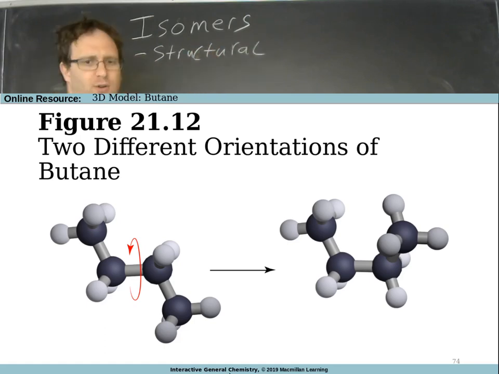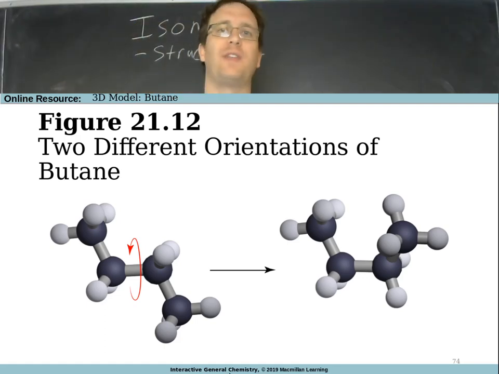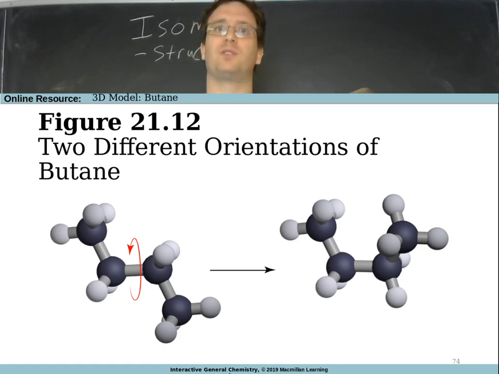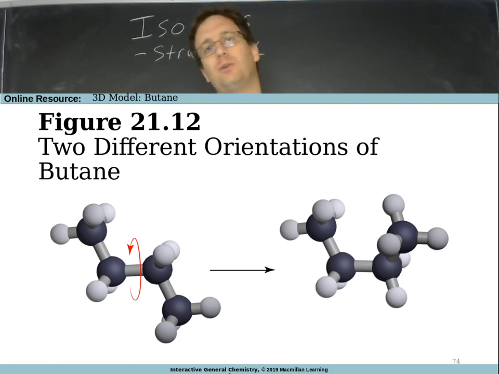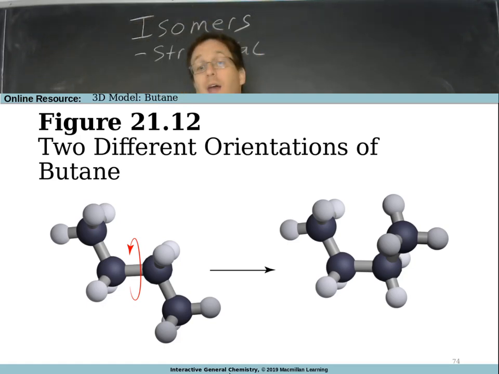So structural isomers are where, if you labeled all of the atoms, this is atom A, B, C, D, E, then you would have different atoms bonding in different ways. Again, like I said, that second carbon in methylpropane is bonded to 3 carbons and 1 hydrogen instead of 2 carbons and 1 hydrogen for the second carbon in butane. So those are structural isomers, but they're not the only kind of isomer.